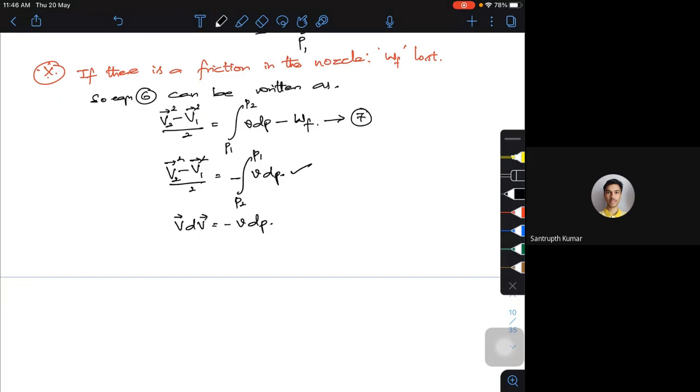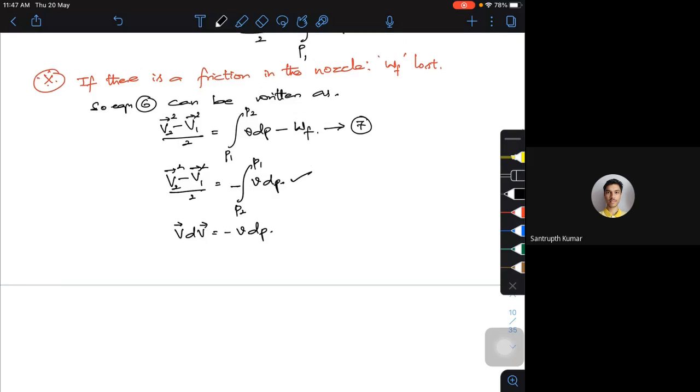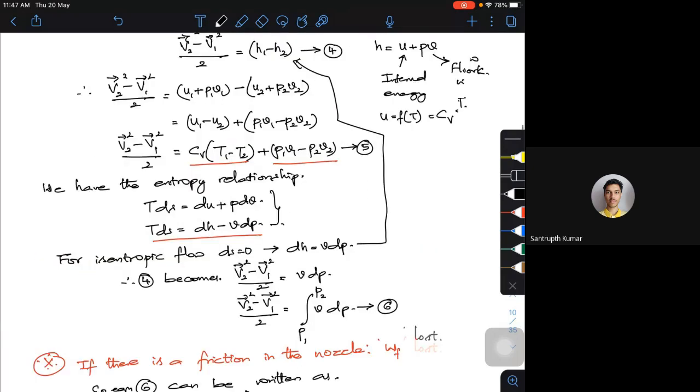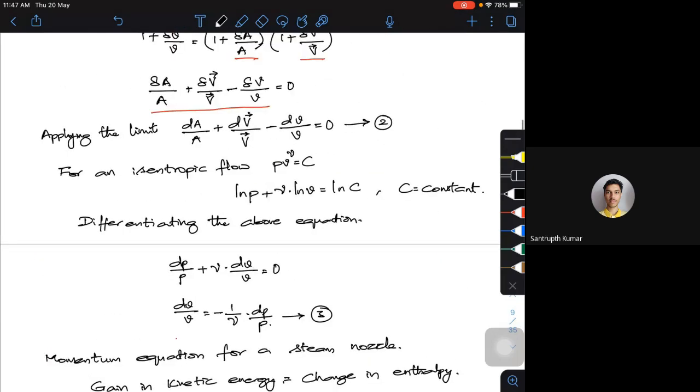So dV by V will be equal to minus VdP by V square. Then you have to substitute for this expression in your equation 2.